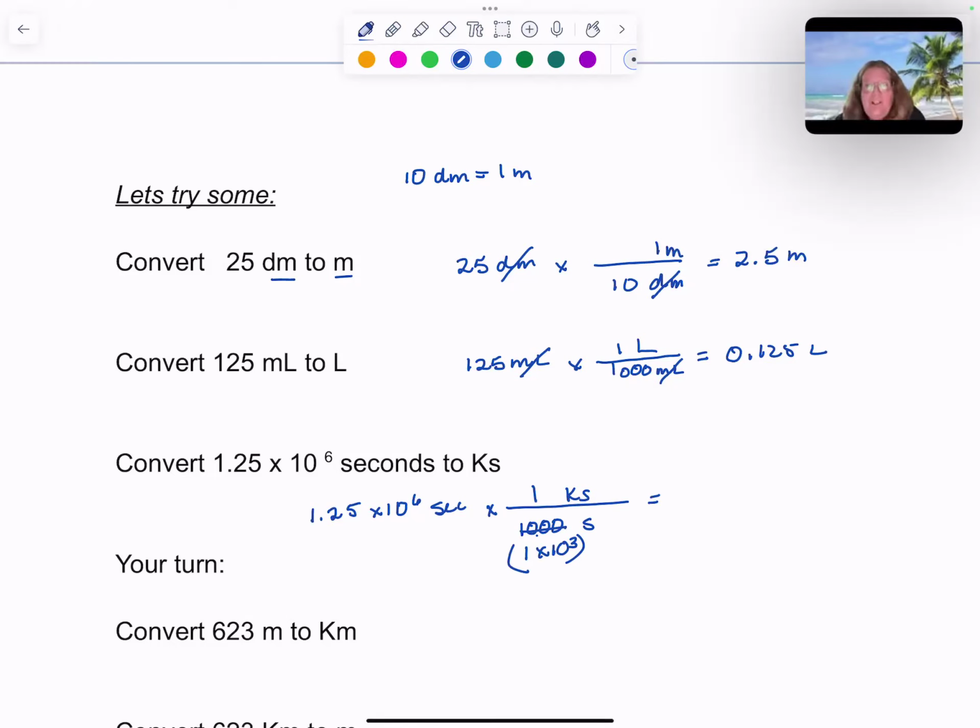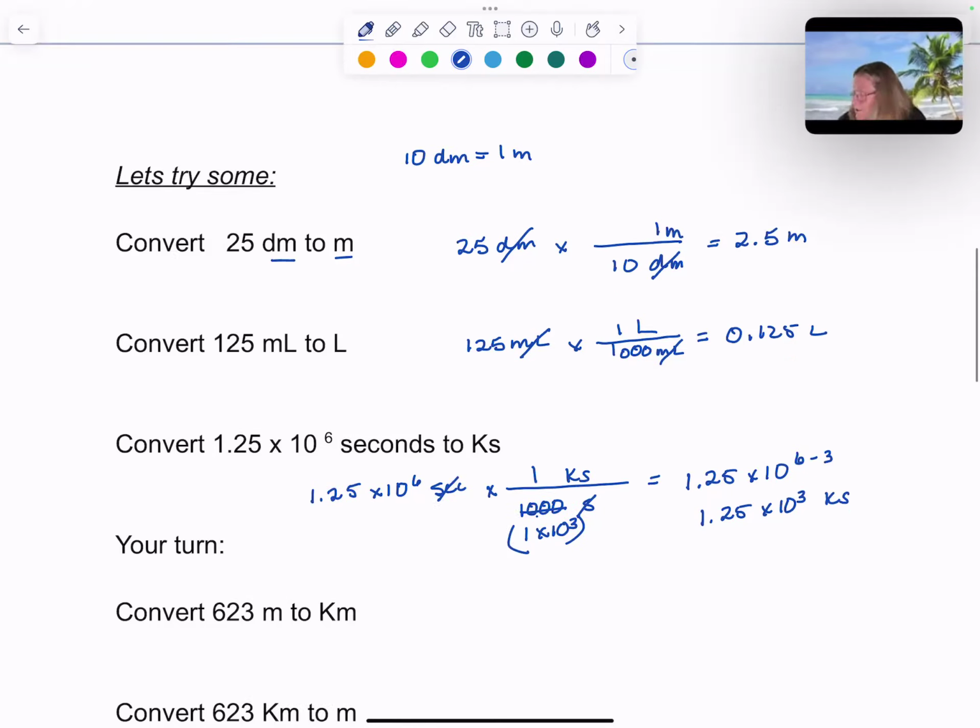So we can change that out. When we are dividing exponents, we literally are just subtracting. So this is going to be 1.25 times 10 to the 6 minus 3, because we're dividing. That's going to be 1.25 times 10 to the 3rd kiloseconds. Our seconds cross-canceled.